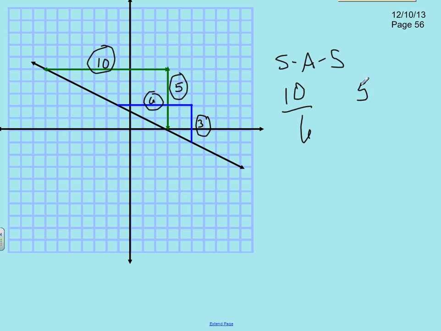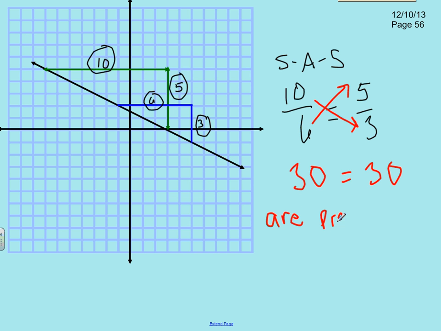So that is going to be my second fraction. And if I want to test if these are proportional, I have to find my cross products. 10 times 3 is 30, and 6 times 5 is 30. So because my cross products are equal, these are proportional.